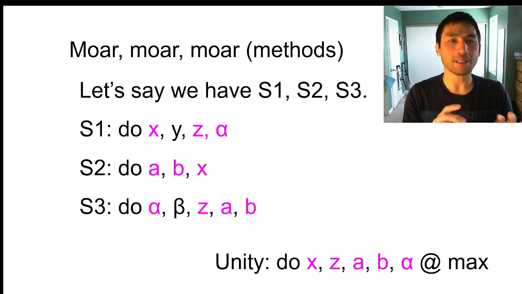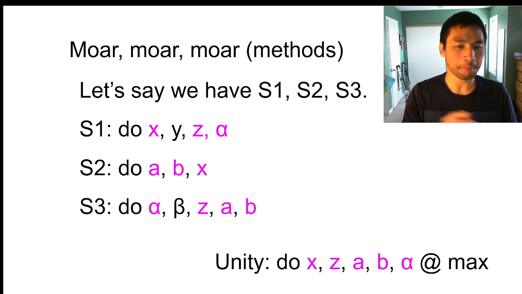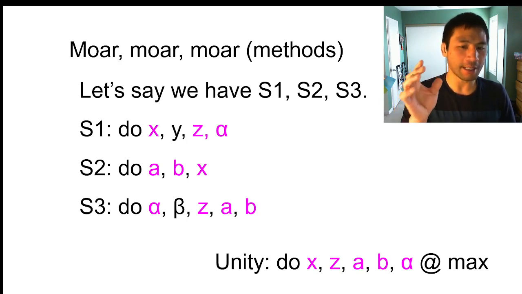S2 says get a lot of context for A, B, and X. And S3 says get context for alpha, beta, Z, A and B. And so the idea in Unity is to do the ones that show up in more than one analysis at the max precision. In fact, at the precision that is demanded by each of these approaches. And so it says do X, Z, A, B, and alpha at maximum precision.